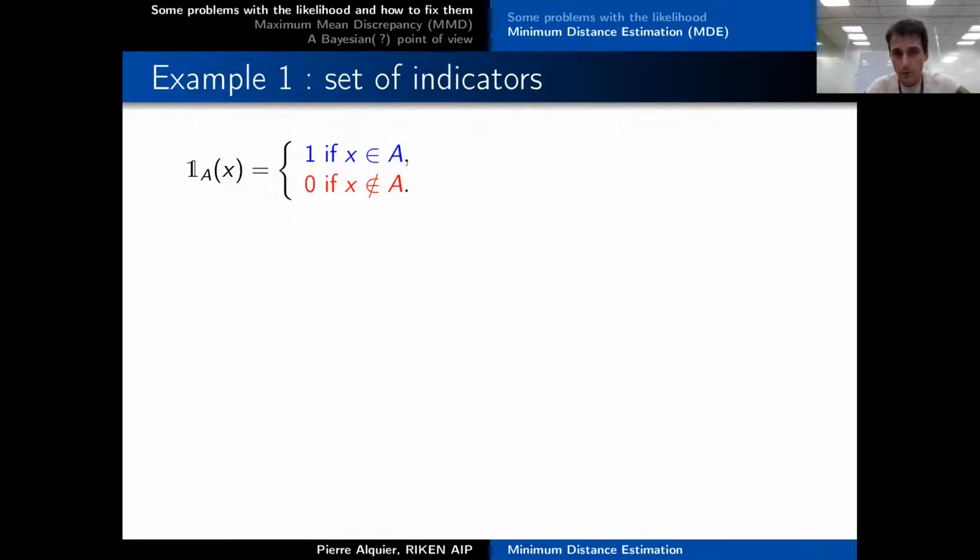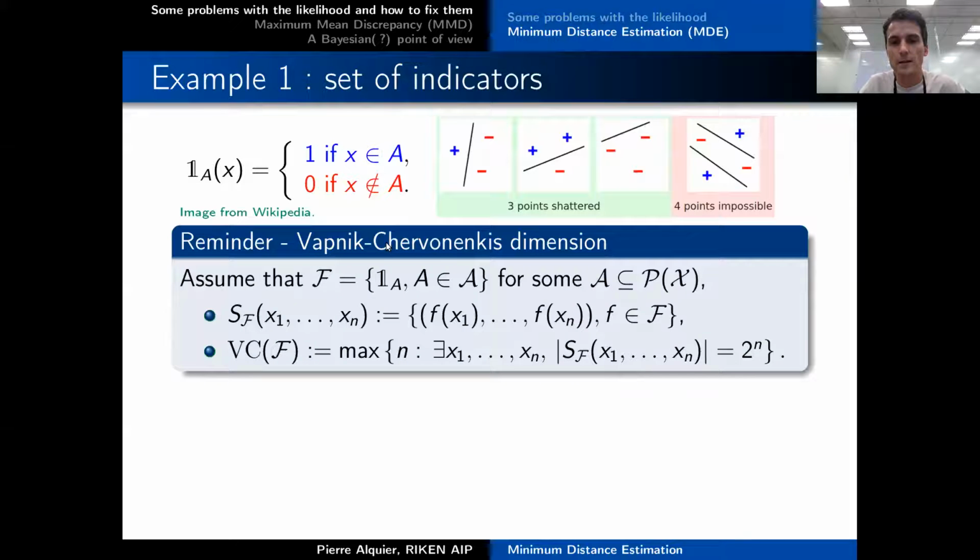So I will provide examples. This one is not something that we will use in practice in the talk, but it's maybe a way to understand in what situation this works or not. So if I consider indicator functions, then in this case, tools developed in classification theory can be plugged here and tell you that essentially what you want is the Vapnik-Chervonenkis dimension of the family F to be bounded.